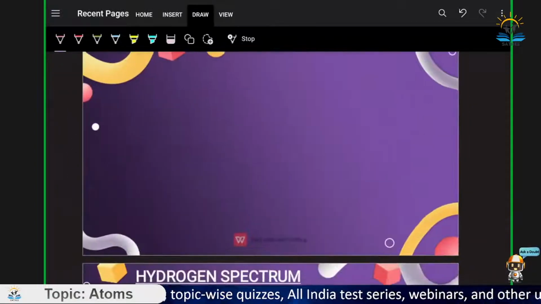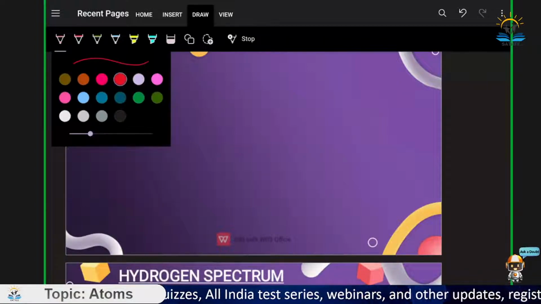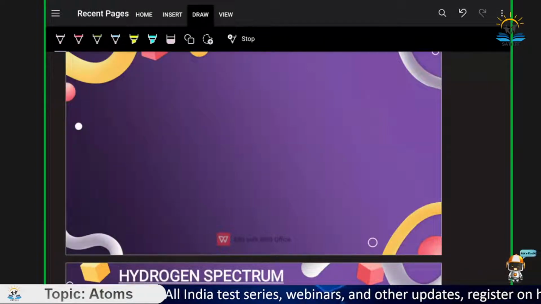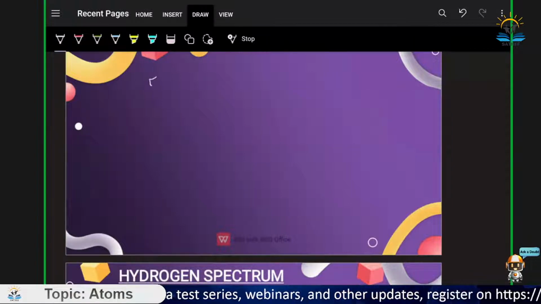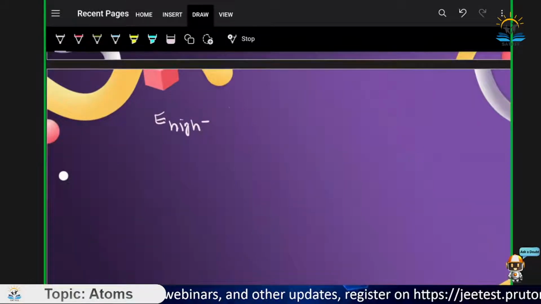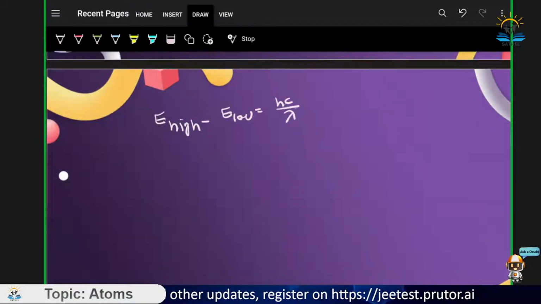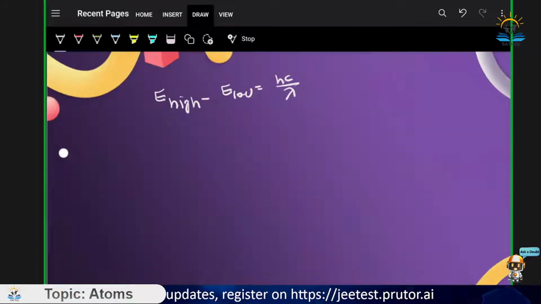Suppose an electron jumps from a high energy level to a low energy level. The energy gap will be high energy minus low energy, which is equal to hc by lambda.